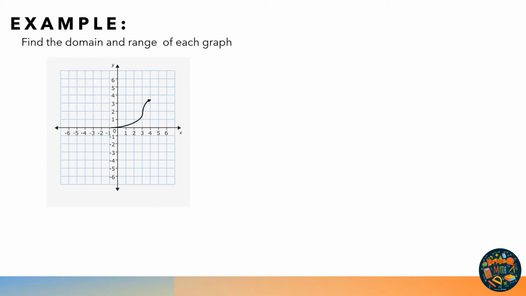Next graph, what do you think is the domain? You are correct. The domain is any real numbers greater than or equal to 0. Since ang graph natin ay nag-start mula dito sa x sa 0 and going to the right without bound. How about the range?